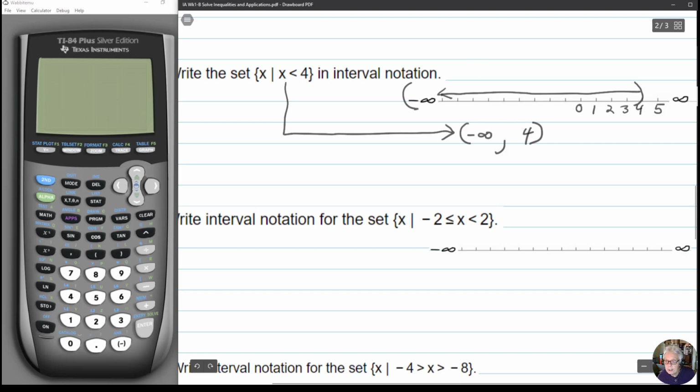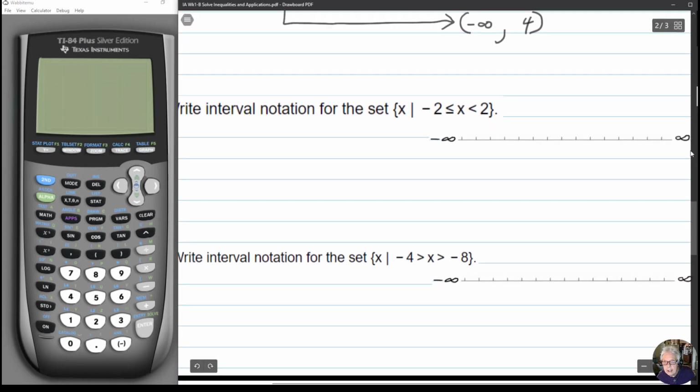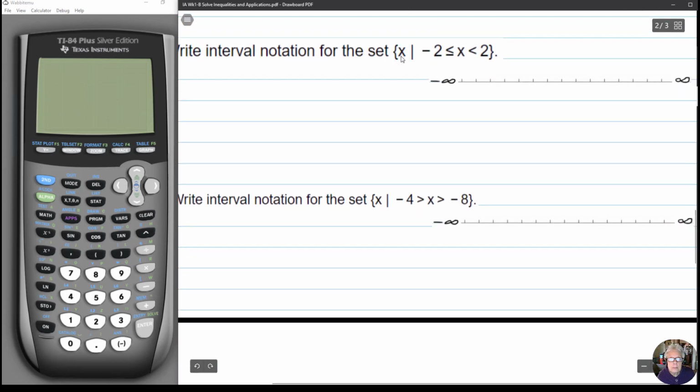All right, now here we see that this is the set of all numbers on the x-axis such that x is between -2 and 2, and x is allowed to equal -2, but it's not allowed to equal +2. That's what this says.